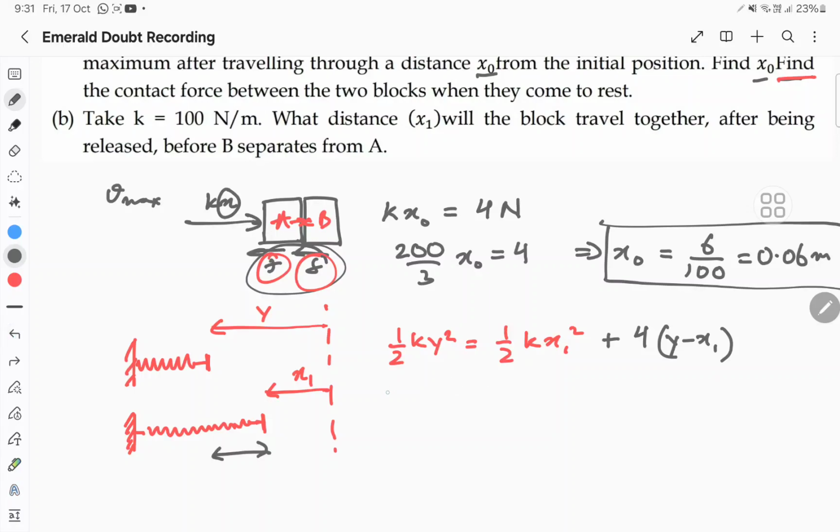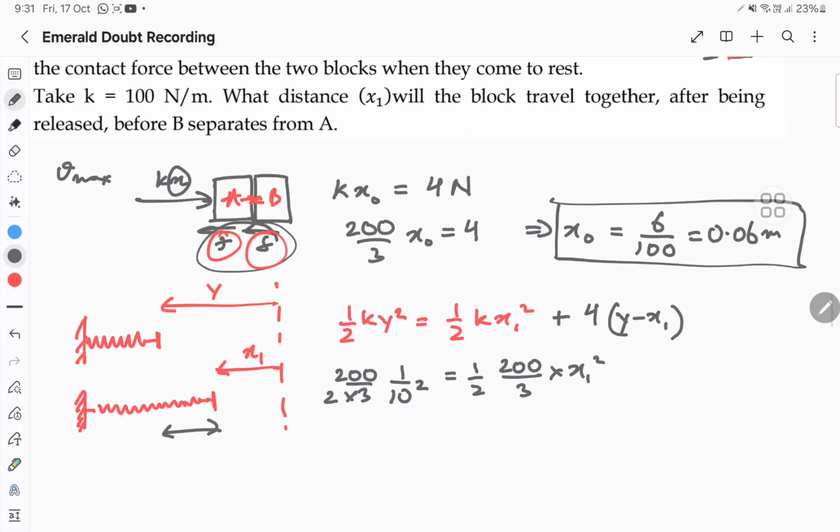So solving this equation, we'll quickly write down the values. Half k, 200 by 3, into x1 square, so this is going to give us a quadratic in x. 4 into 1 by 10 minus 4x1.